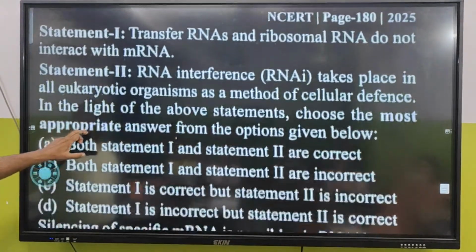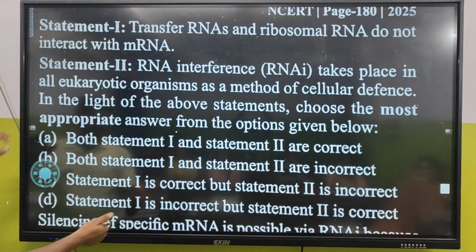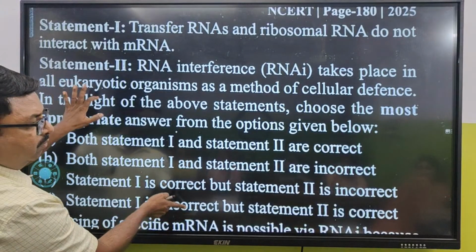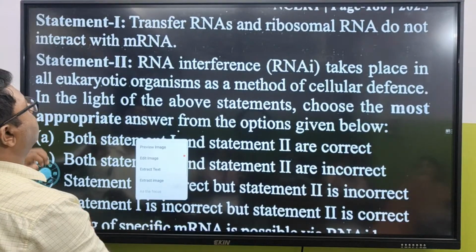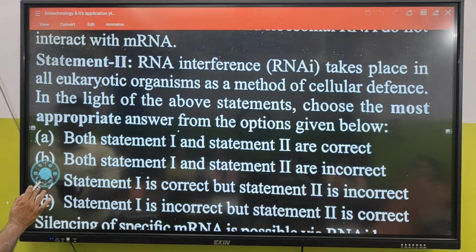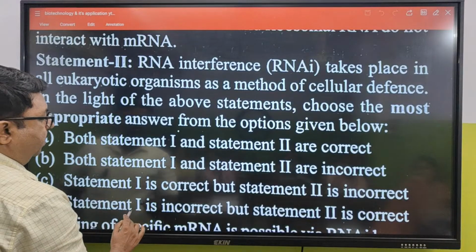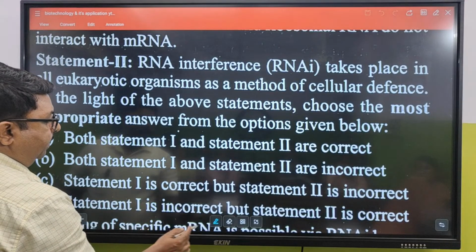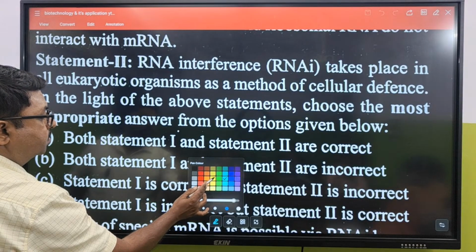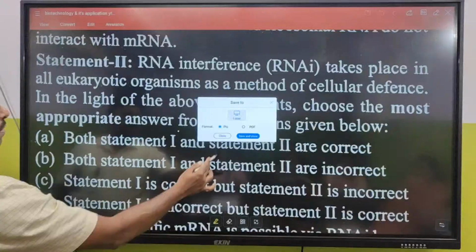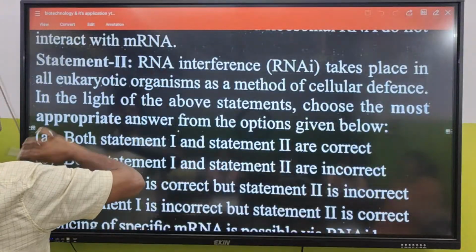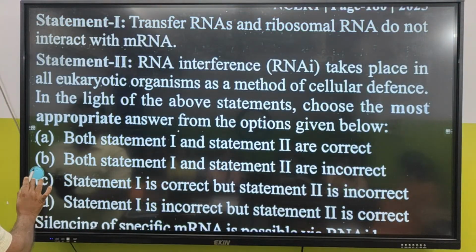Given below are two statements. Read the statement properly.